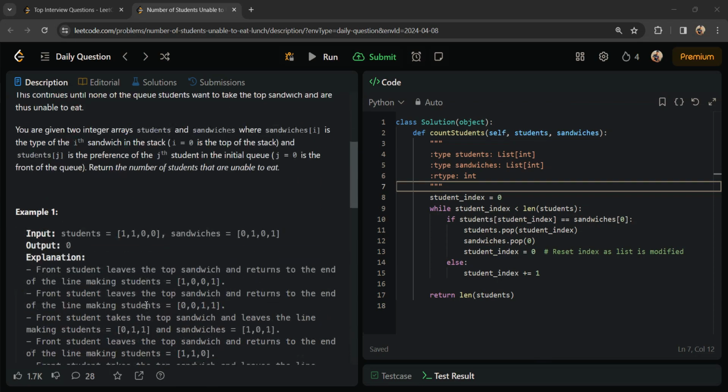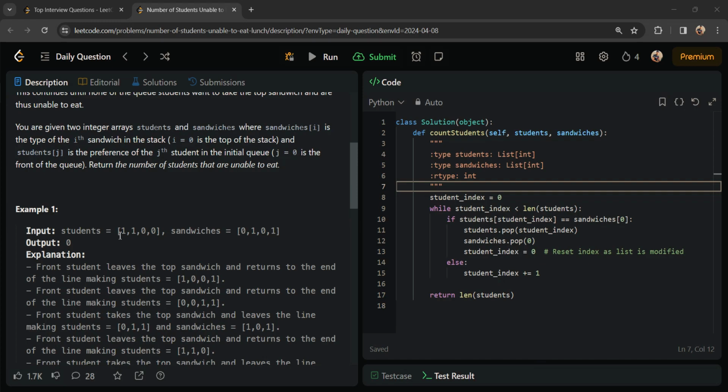The question says that if the student at the front wants the sandwich on top, they can take it, or else they go to the back of the queue. So if student 1 wants to take sandwich 0, it does not match the preference, so we take student 1 out of the queue and store them at the back of the queue.